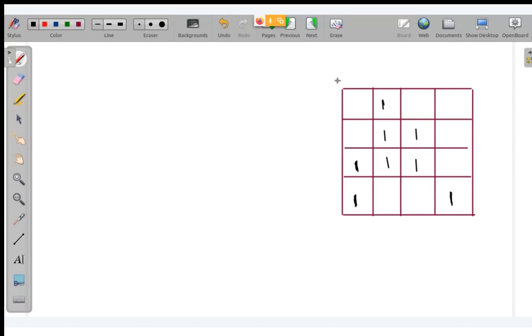Yeah, now this is correct. So tell me, how many essential prime implicants can you see? Let me write the numbers also: 0, 1, 3, 2, 4, 5, 7, 6.